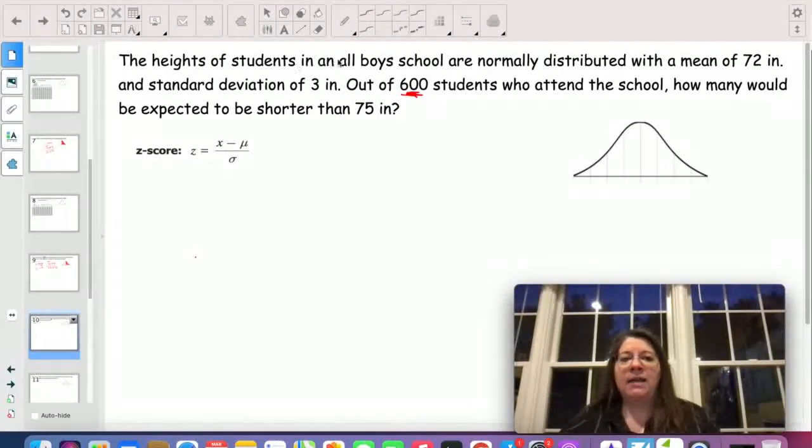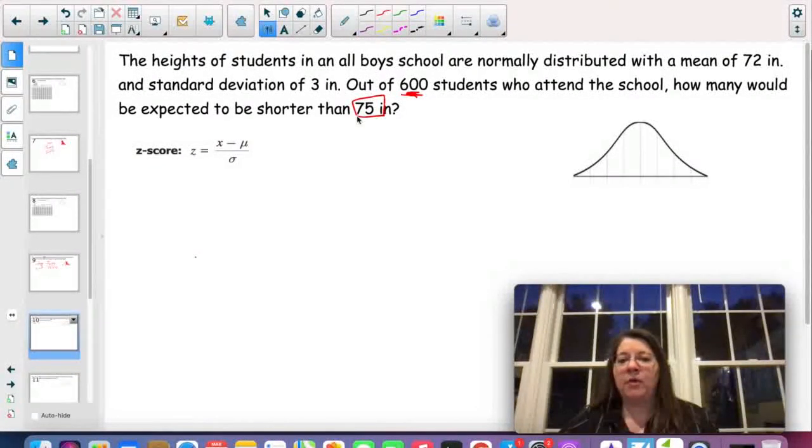So the heights of students in an all-boys school are normally distributed. The mean is 72, the standard deviation is 3. We have 600 students who attend the school. How many would be expected to be shorter than 75 inches? So 75 is our data number, and we want a z-score for 75 inches.